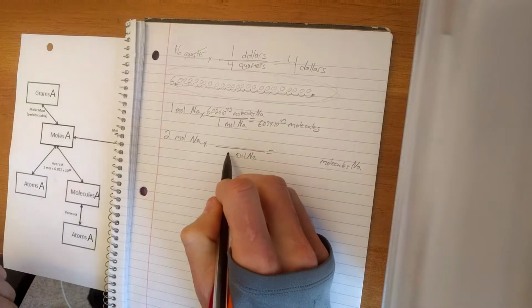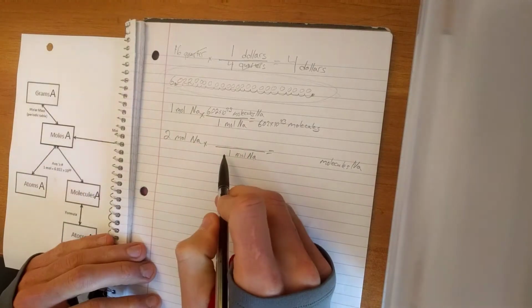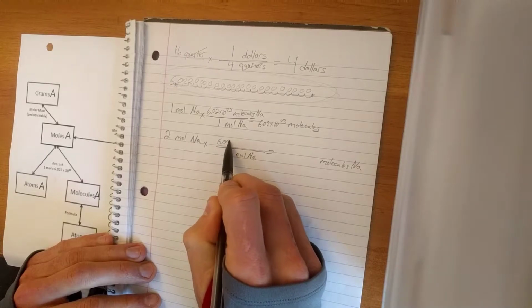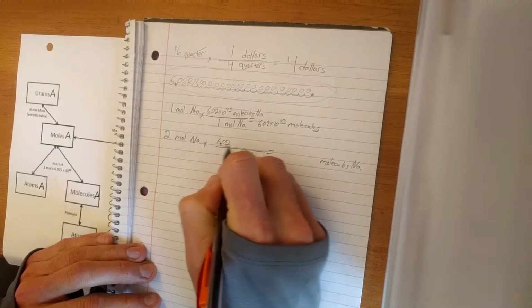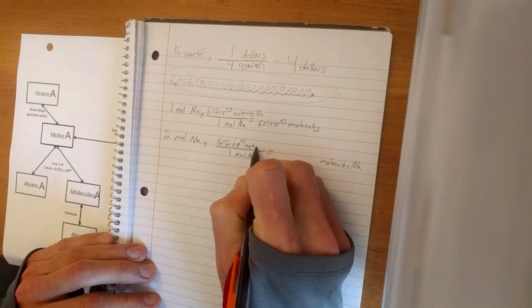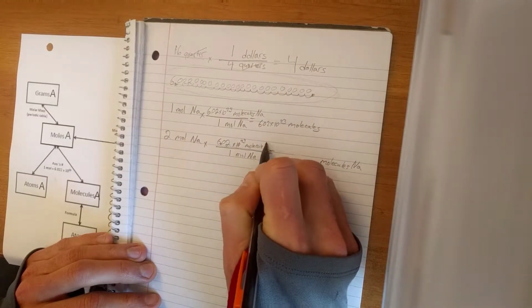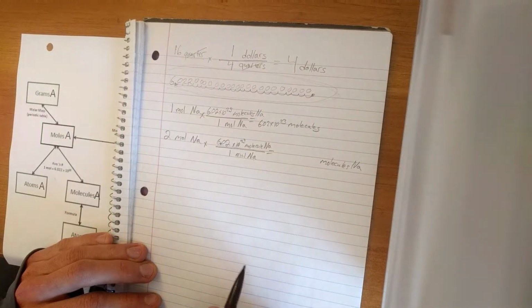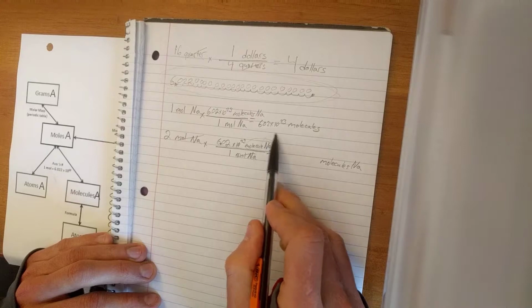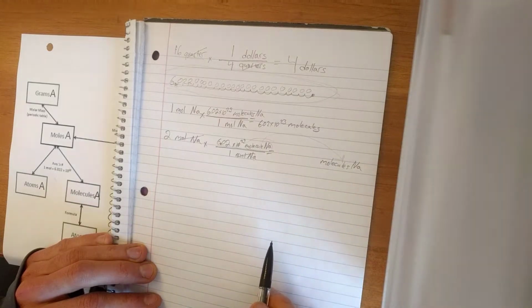And again, that's 1 mole Na, and by definition, 1 mole of Na will contain 6.02 times 10 to the 23rd molecules of whatever you're talking about, in this case, sodium. Moles Na cancels out moles Na. We're left with molecules Na, which was our target.